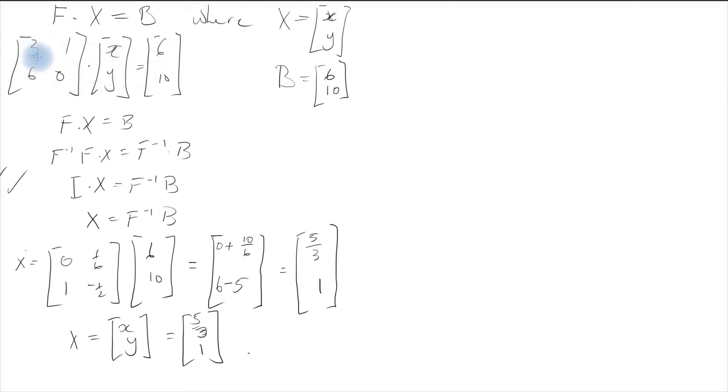So first off, this 6 must equal 3 times x, 3x, plus 1y, and that is what would go here, 6. And next up, to go in this position, it will be the second row times first column, so 6 times x, 6x, plus 0 y's, and that is going here, which is 10. So what this is, actually, is simultaneous equations.